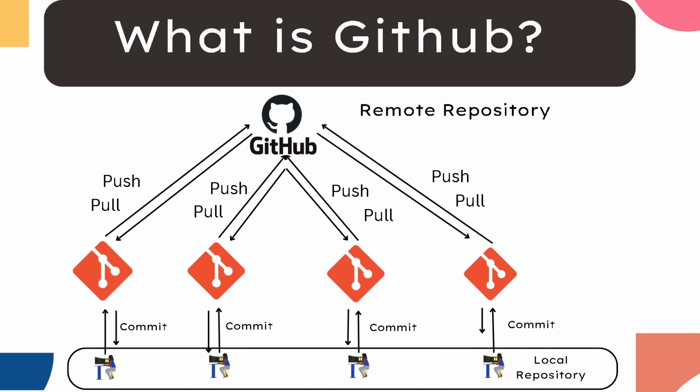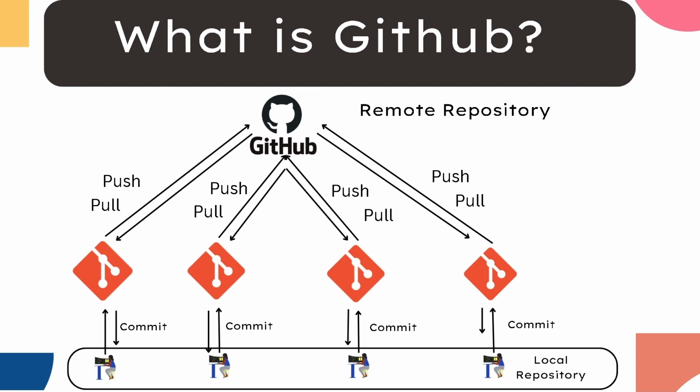So why do we need GitHub? Git is for local, right? Whatever code changes we make, it will show those differences in the local. GitHub here plays the role of a central repository. Let's say the first developer made some changes, and at the same time the third developer also made changes, and they both want to push those changes into that particular code.